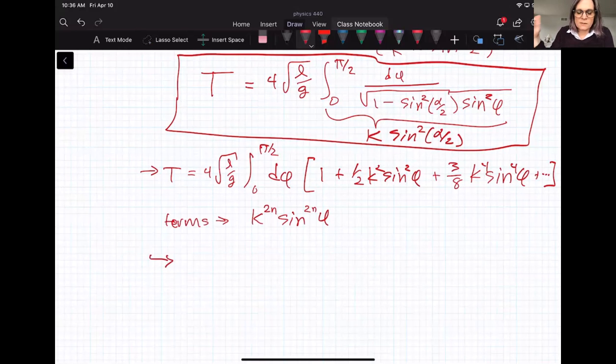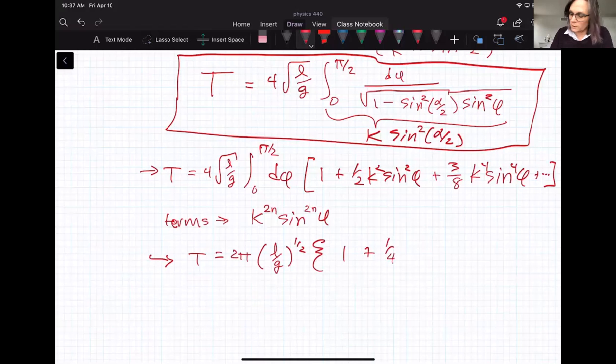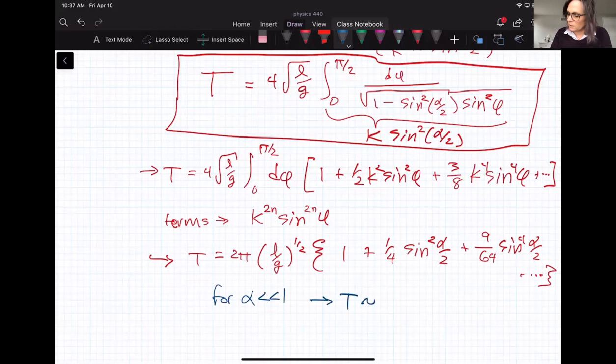So once we recognize this and integrate term by term, we have that T is equal to 2 pi times L over G to the 1/2 times 1 plus 1/4 sine squared alpha over 2 plus 9/64 sine to the 4th alpha over 2. Remember, alpha is just a constant, and so on. And again, for alpha much less than 1, we get T approximately equal to 2 pi times the square root of L over G, which is what we expect.